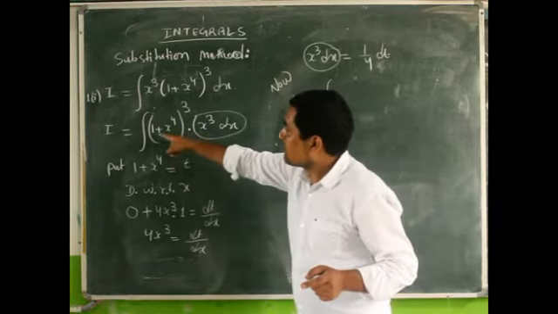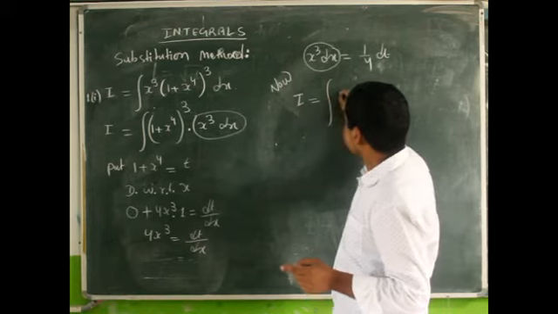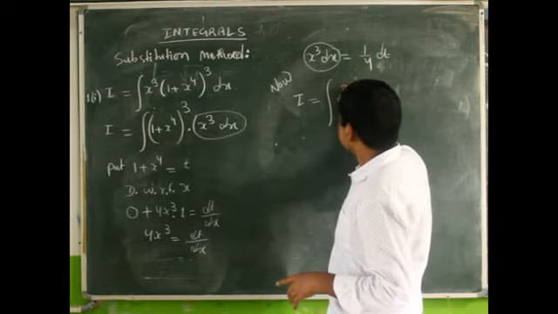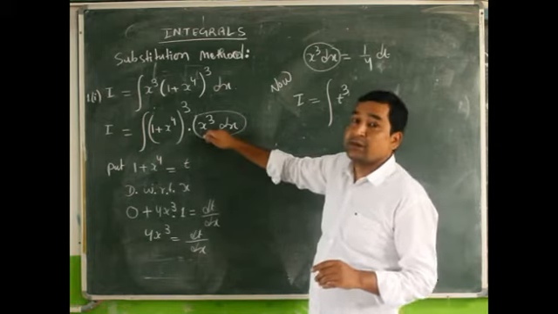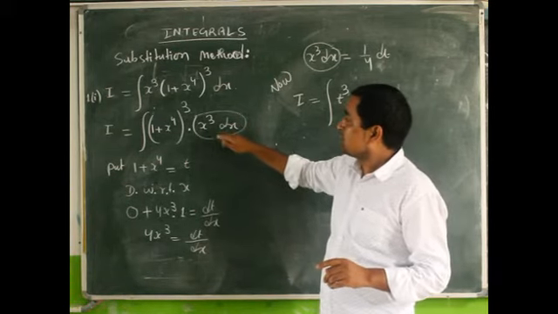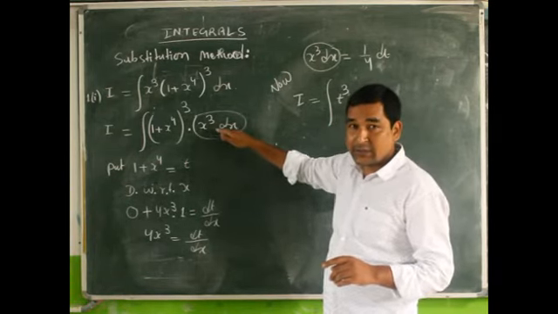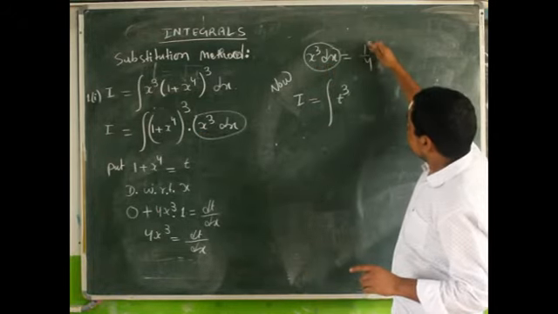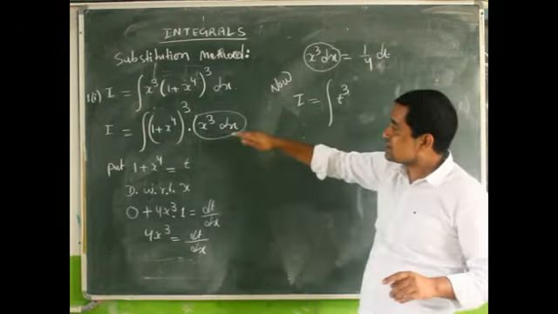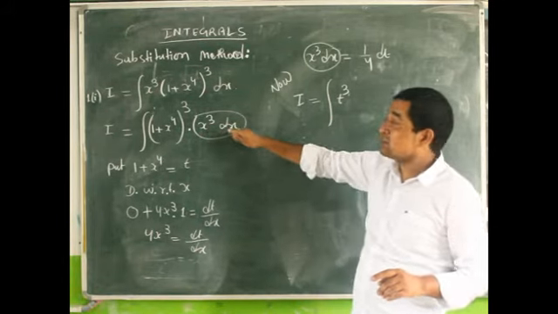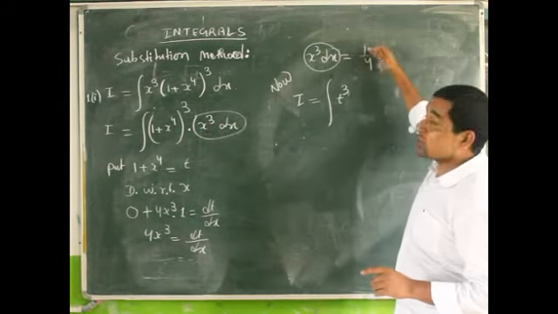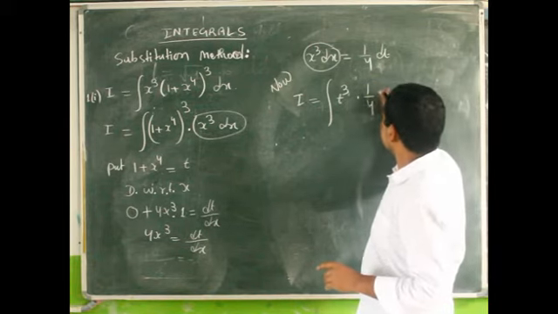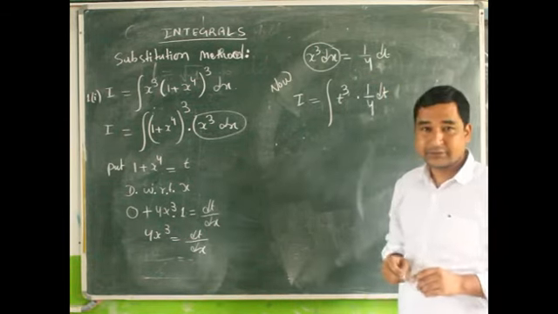That means in place of 1 plus x to the power 4, write t, and don't forget to put this power, so the power is t cubed. Then after that, x cube dx is there, and we got the value of x cube dx as 1 over 4 dt. Now replace x cube dx by its value, 1 over 4 dt. Correct?